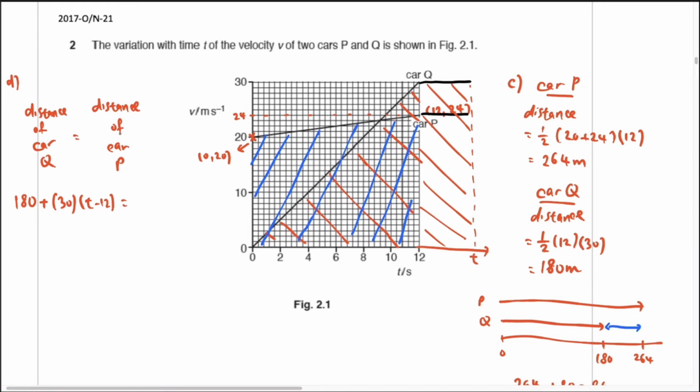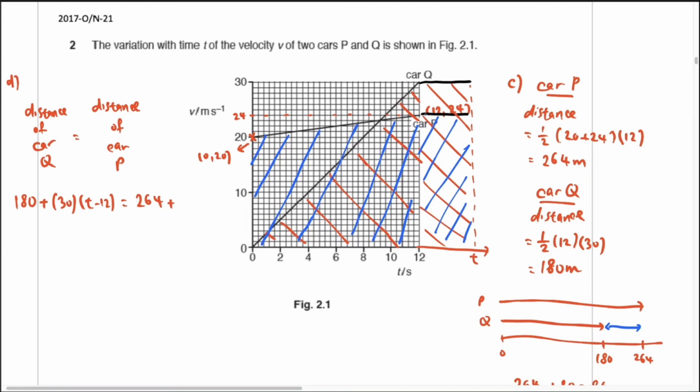Now car P has moved 264 in the first 12 seconds. Now car P has to move by another column of rectangle like this.